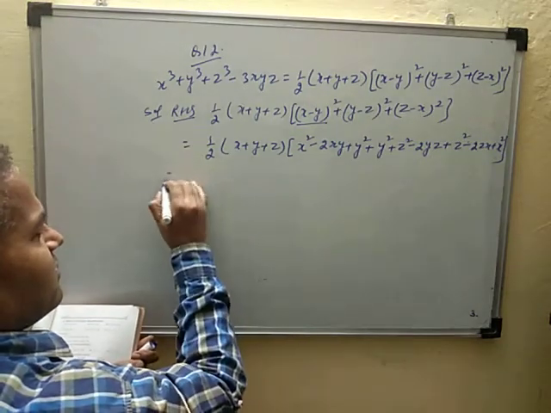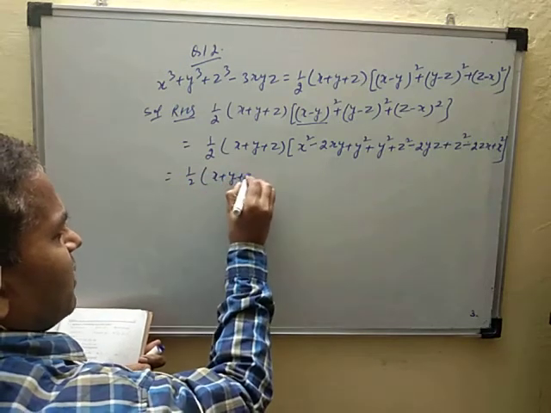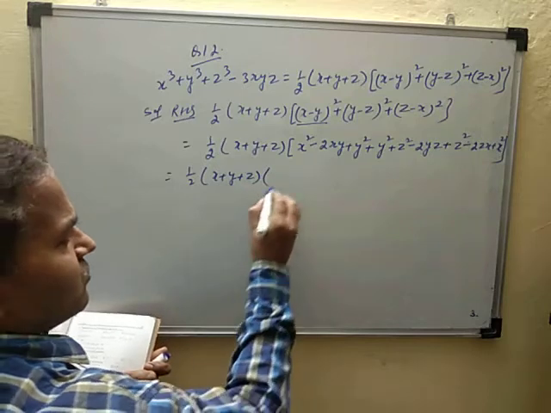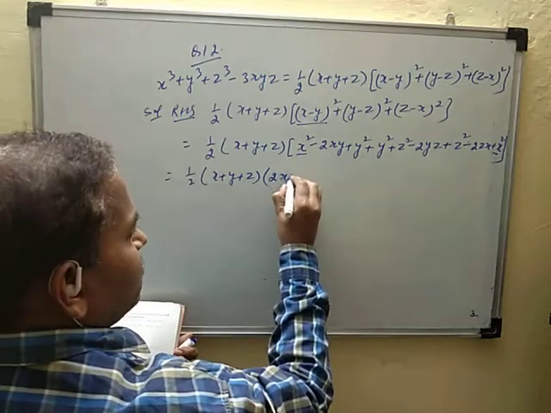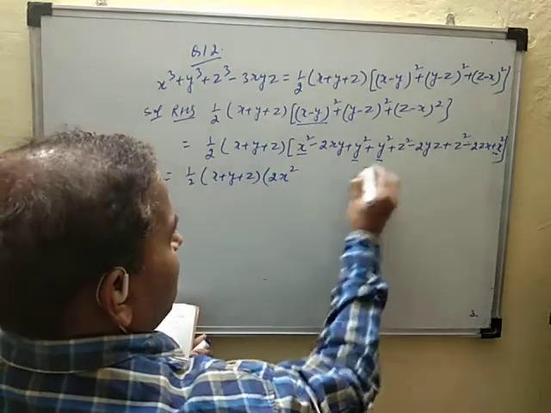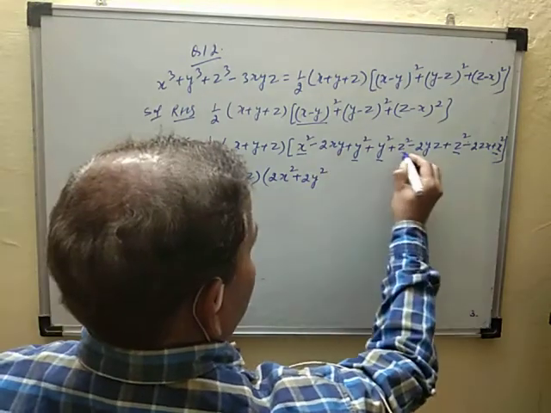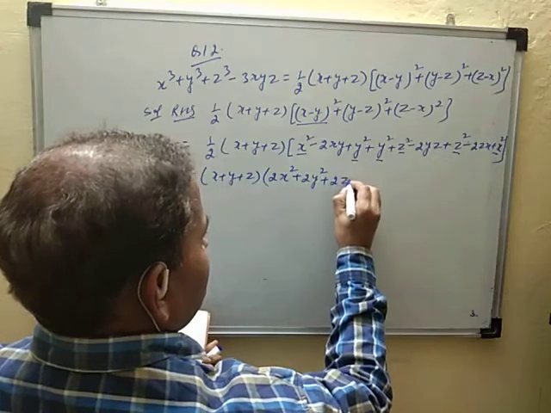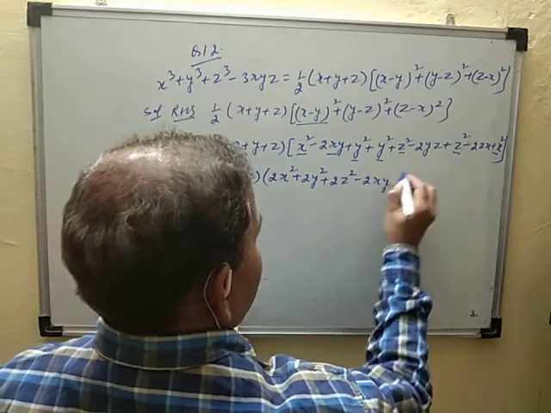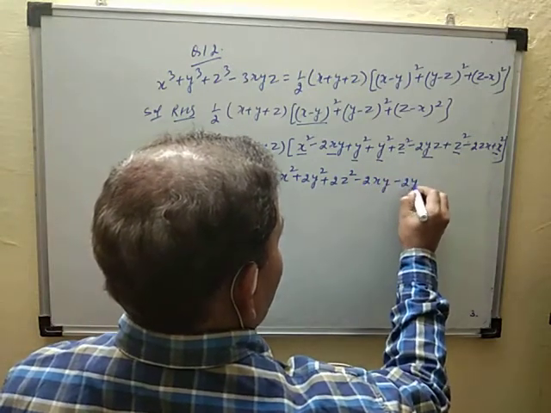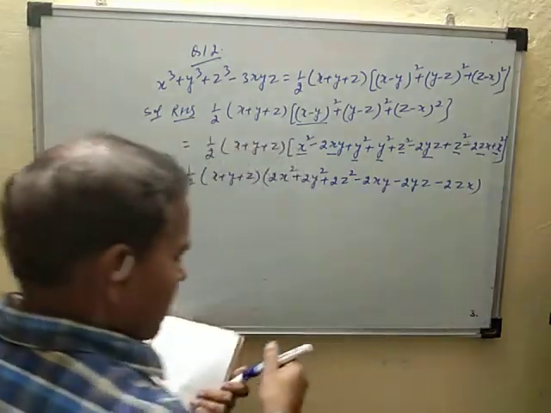Now simplify it. So 1 by 2 into (x plus y plus z) into: x square plus x square, that is 2x square, y square plus y square, 2y square, z square plus z square, 2z square, then minus 2xy, then minus 2yz, then minus 2zx.